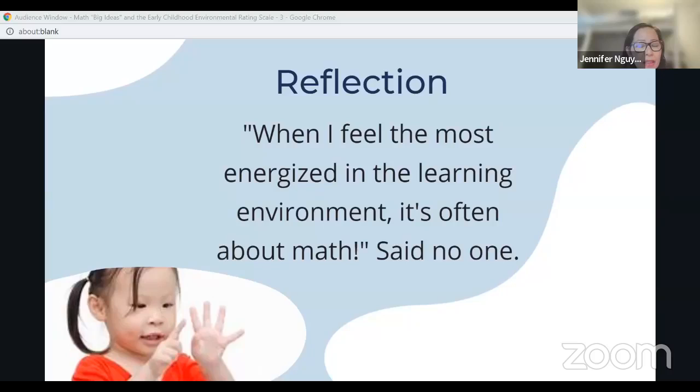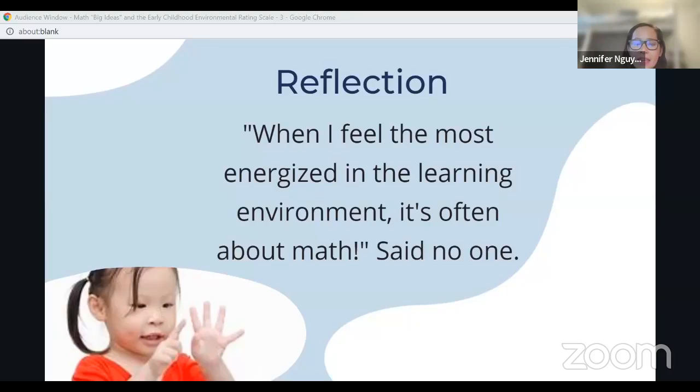One of my thoughts is that there is a lack of math training for educators in early childhood, and maybe a lack of confidence and understanding about what to teach and how to teach it and what you need to teach in a learning environment.